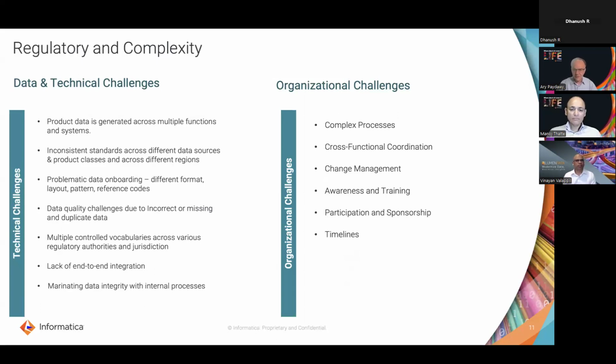There are issues around being able to support different formats and quality of the data. Data is missing, or it's not defined to certain standards that are needed. There are no common vocabularies. A lot of times companies don't have end-to-end integration across all of their data.